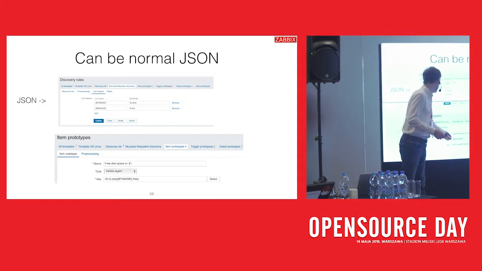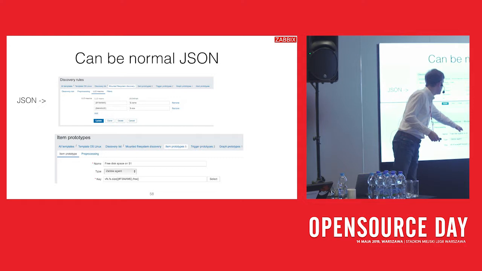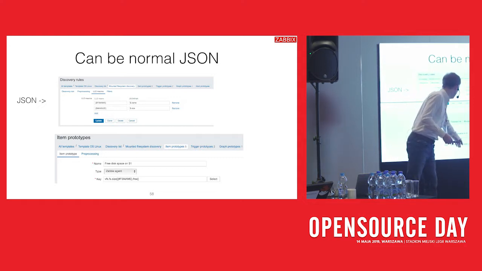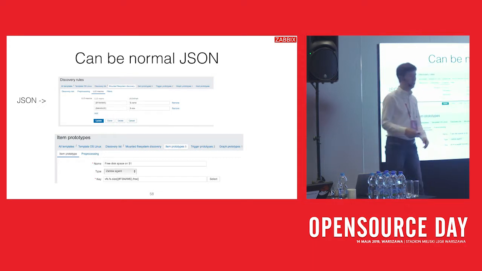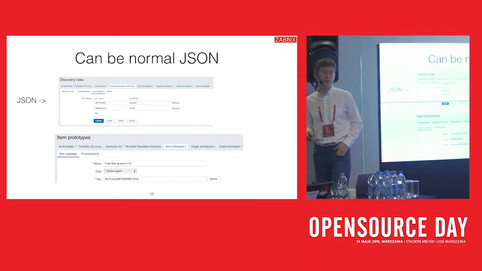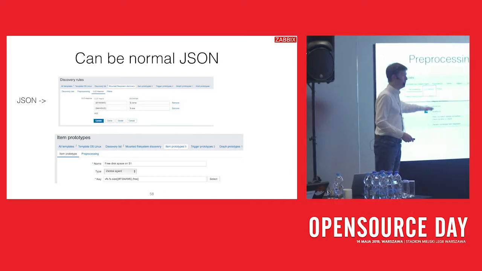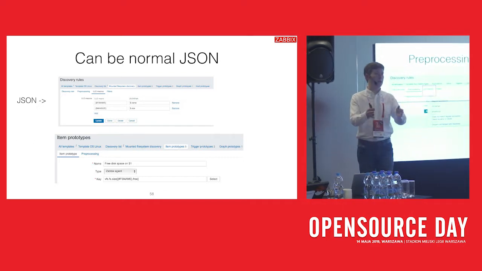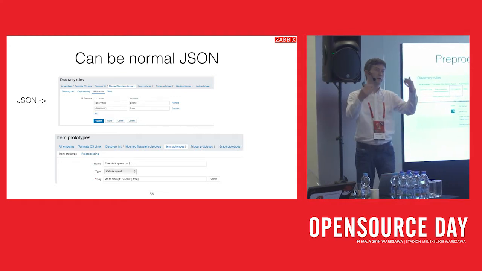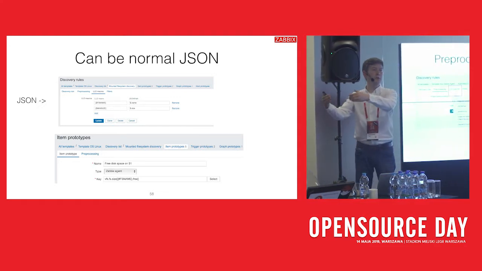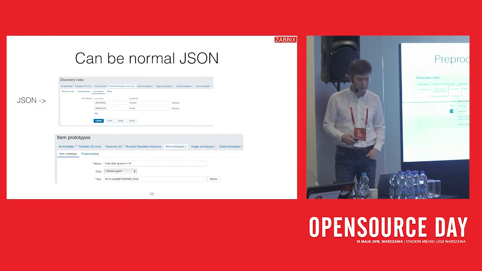And then in item prototypes, we use those macros. Free disk space on this file system. Okay? So any JSON can be used for low-level discovery. And because we use preprocessing for low-level discovery, we can push any text or XML or any data. Preprocessing will convert it to JSON, and then JSON can be used for low-level discovery. So any data can be used for low-level discovery now.